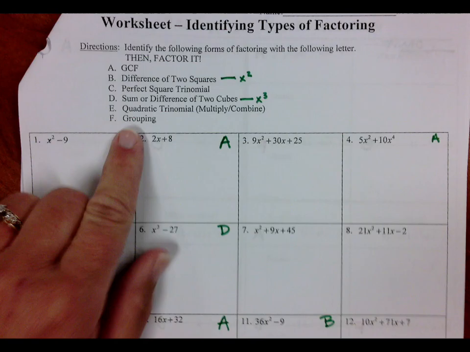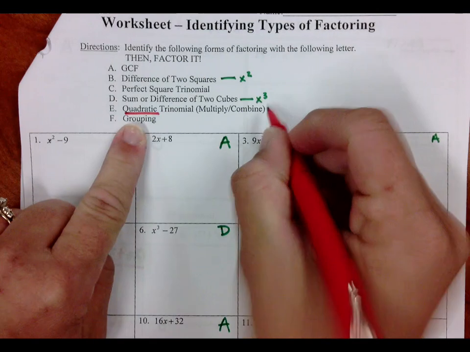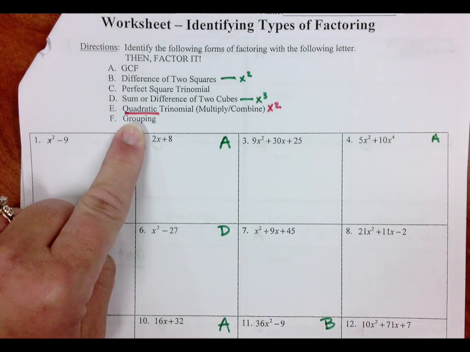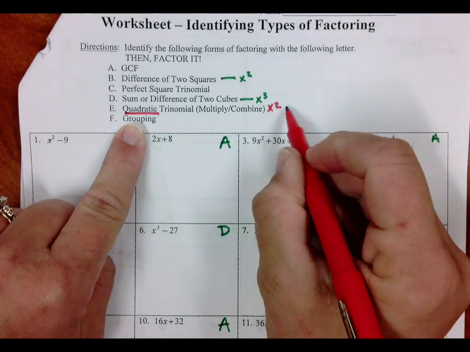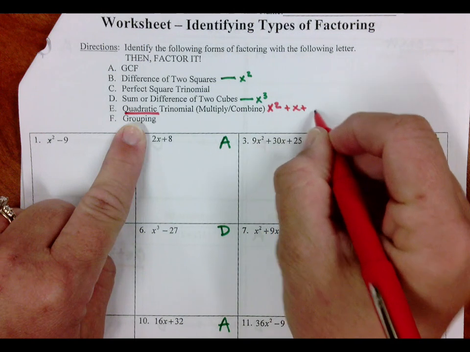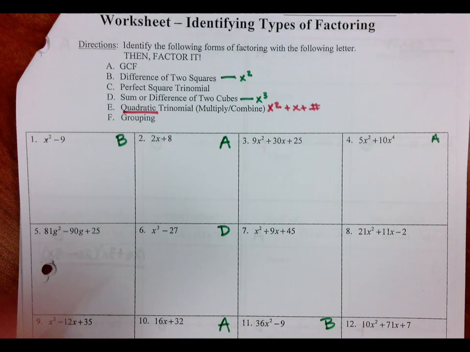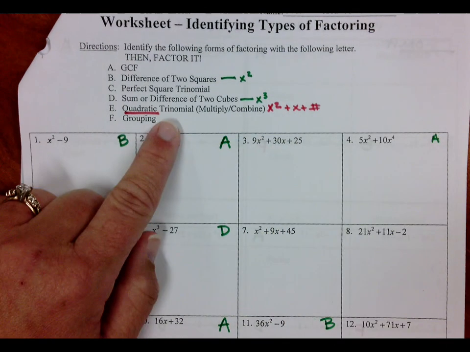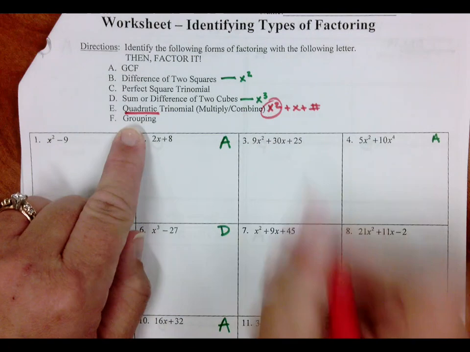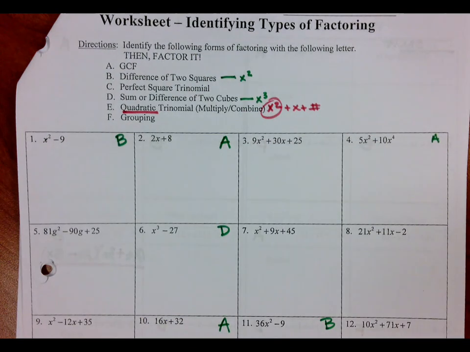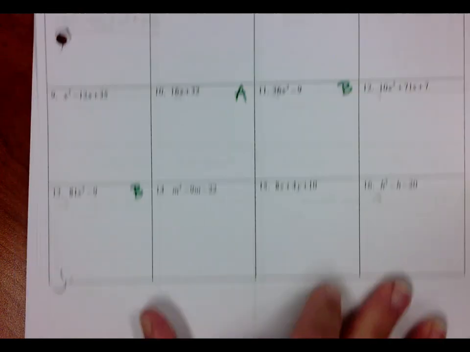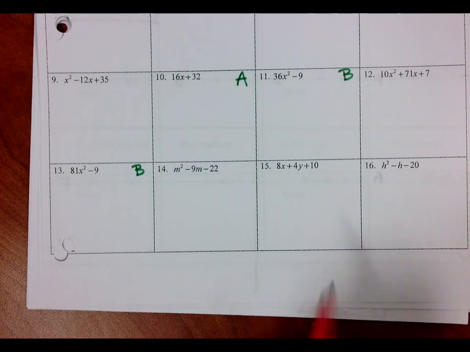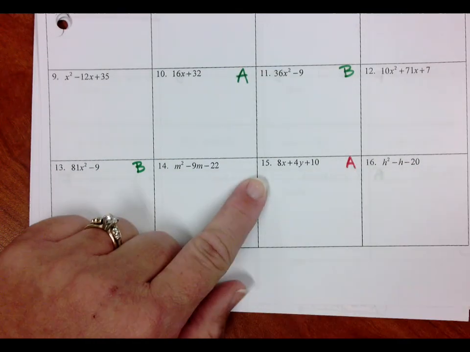Yeah, quadratic, guys. This quadratic means that it has a 2. But it's a 3 term. So it's going to have like plus x and then plus a number like that. That's the setup. So it has to have 3 terms, but the variable has to be squared. Okay, that's a quadratic. So 15 doesn't have that. So 15 is just going to be a GCF.